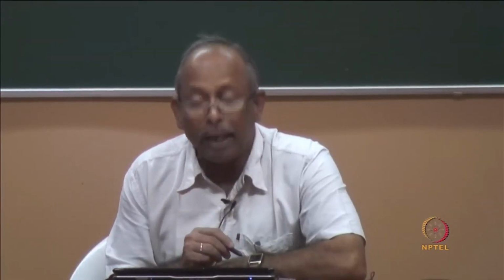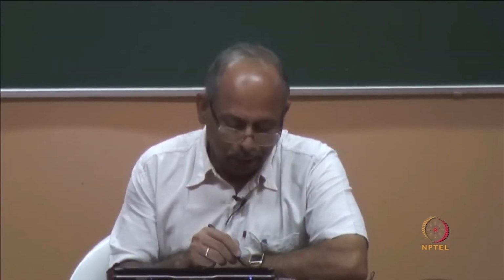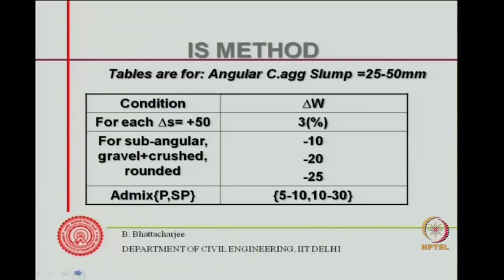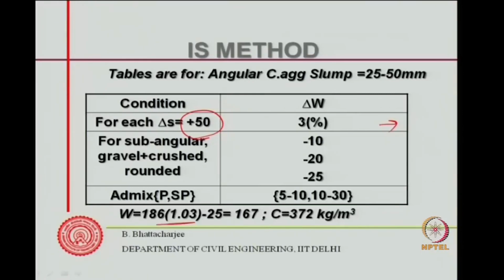So, I must apply some correction factors, because this table was for angular coarse aggregate and a slump of 25 to 50. For each increase in slump of 50 millimeter or fraction thereof, I will increase the water content by 3%. So, I multiply 186 by 1.03.